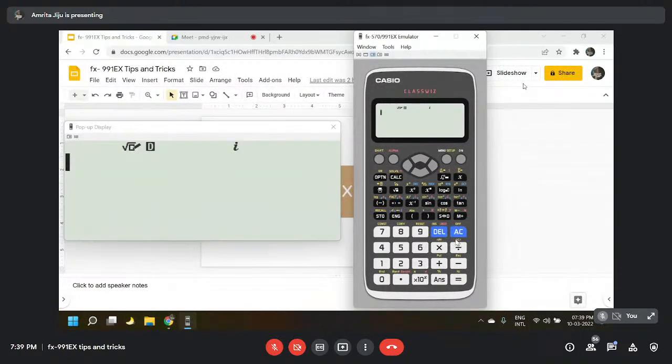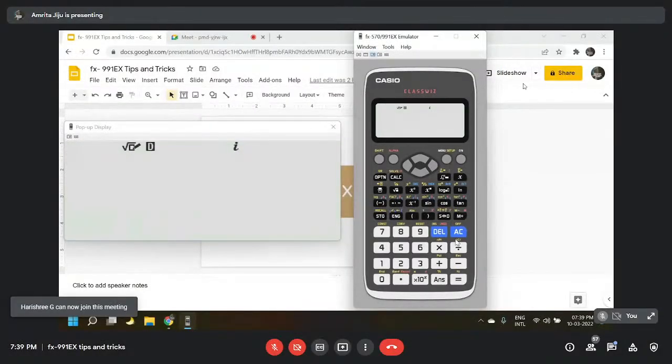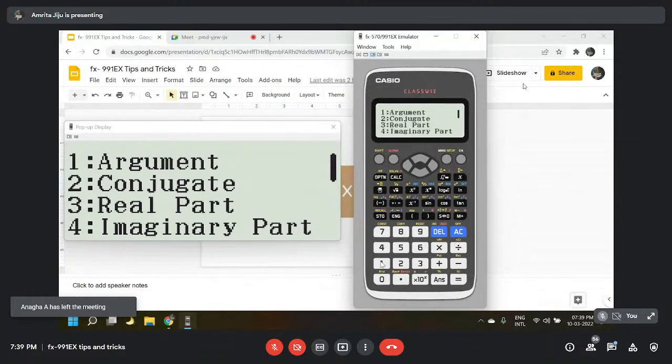What is actually argument? If you are given a complex number, say 2 plus 2 root 3i. If it is of the form x plus iy, tan inverse y by x is the argument of that particular complex number. So here we just go to options and choose argument.